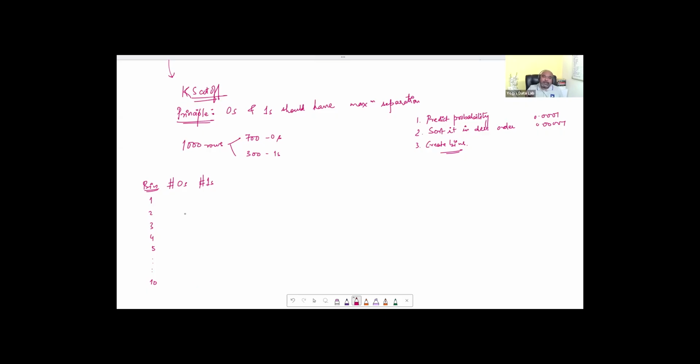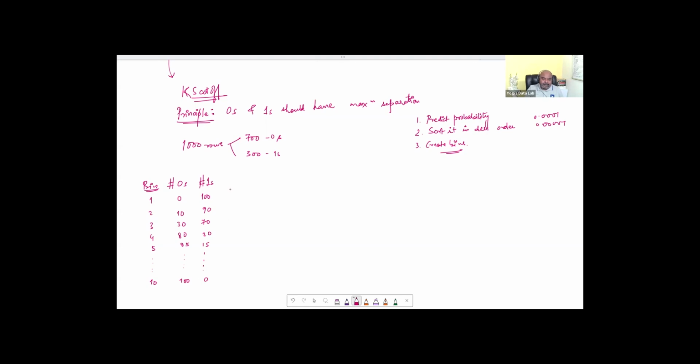Hypothetically, I'm assuming that I have 0 zeros and 100 ones in the first bin. In the second one, I have 10 zeros and 90 ones. Then I have 30 zeros and 70 ones. And then suddenly something flips. This becomes 80 zeros and 20 ones. This becomes 85 zeros and 15 ones. And eventually you will end up with, let's say, 100 zeros and 0 ones.